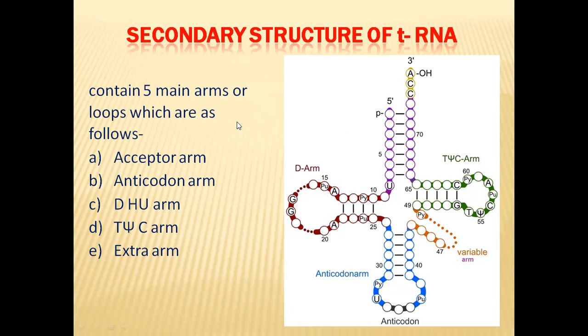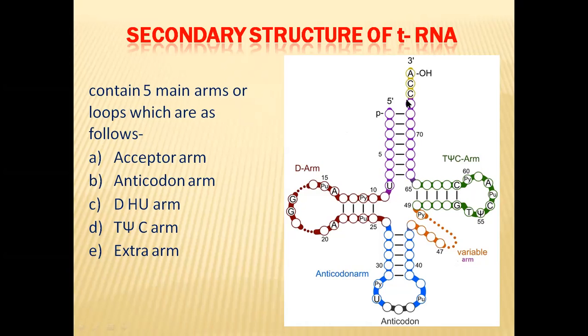This secondary structure contains 5 parts in it. One is the acceptor arm. So here in this diagram, we can see the 3' end and 5' end. We can see that at some places it has nitrogenous base pairing. So complementary nitrogenous bases are forming pairings. These pairings give this clover leaf structure to the tRNA, that is the secondary structure of tRNA.